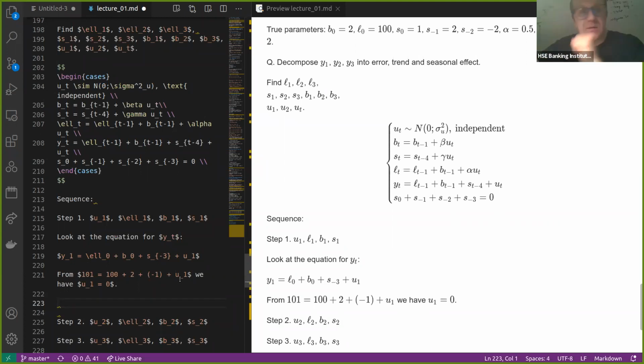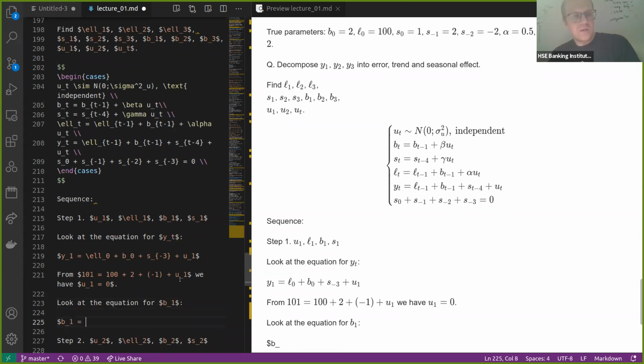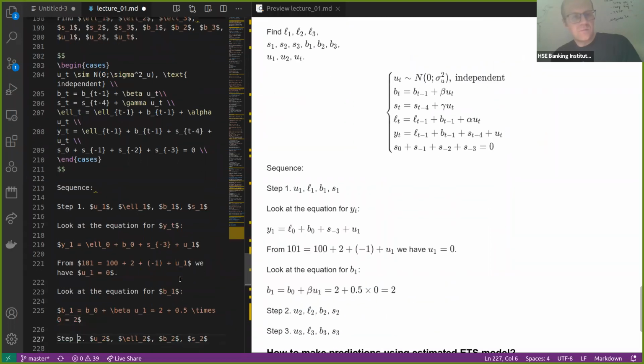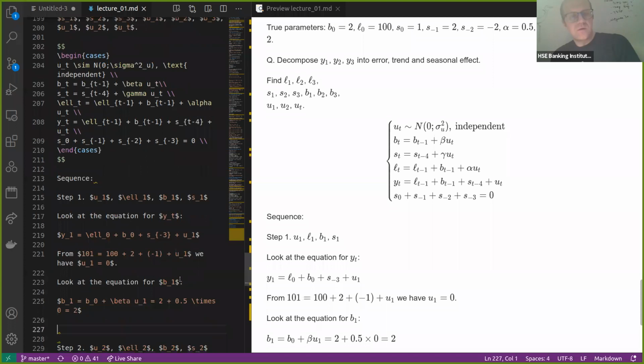And you know everything. Elizaveta is right. B1 is B0 plus beta times U1. And in our case, it's 2 plus 0.5 times 0. It's 2. Okay, B1 is calculated.